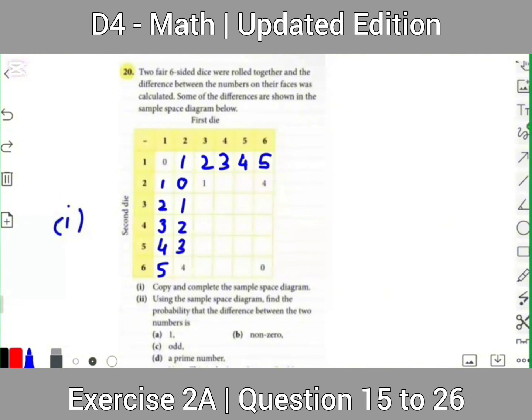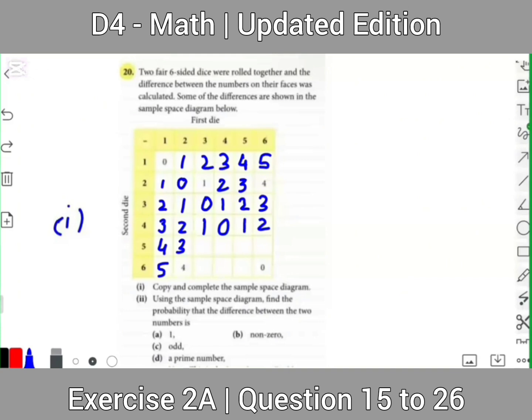Similarly, along the horizontal axis, 4 minus 2 is 2, and 5 minus 2 is 3. 3 minus 3 is 0, 4 minus 3 is 1, 5 minus 3 is 2, 6 minus 3 is 3. Similarly, horizontally, 4 minus 3 is 1, 4 minus 4 is 0, 5 minus 4 is 1, and 6 minus 4 is 2.